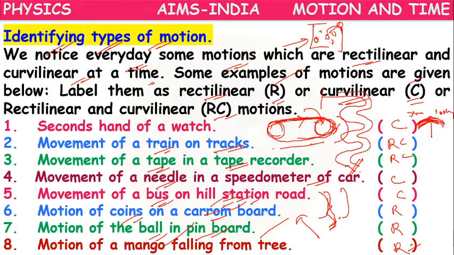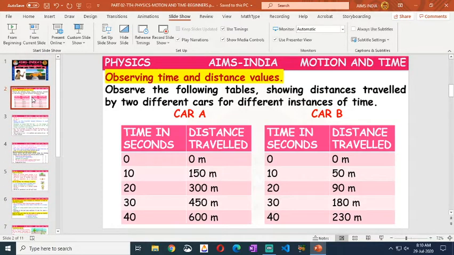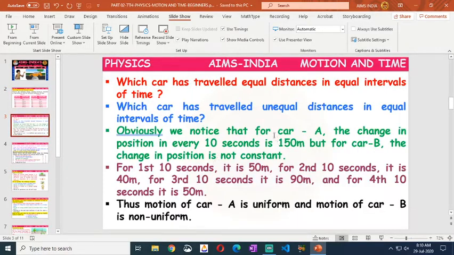Okay, children. So that's all for today. Let's revise what we have learned today. We have observed time and distance values exhibited by two different cars in two different tables, car A and car B. By observing the table, we can tell that car A has covered equal distances in equal time intervals.